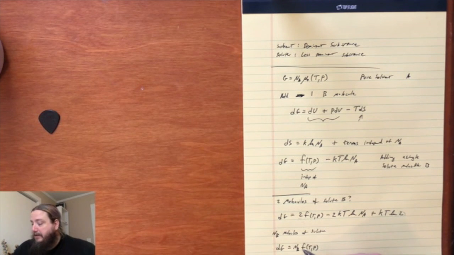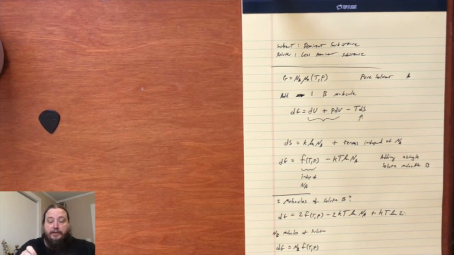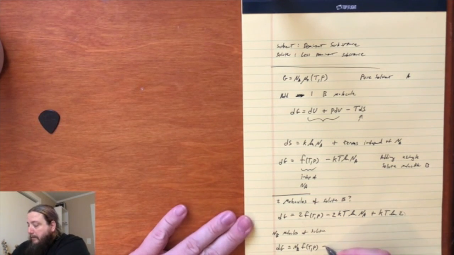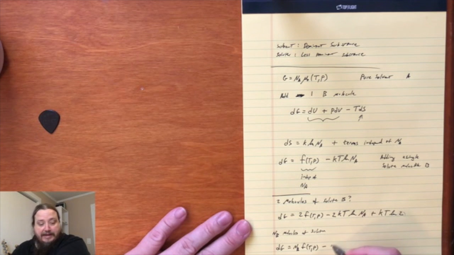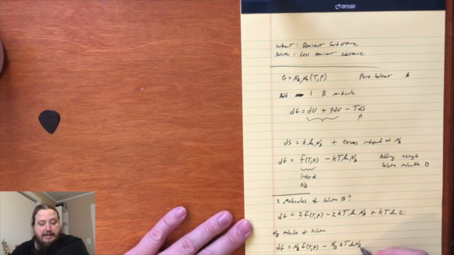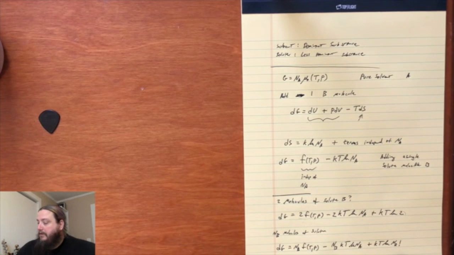Again, this F of T and P here accounts for all of the local interactions between a single solute molecule and its nearby solvent neighbors, minus this NB kT log Na plus kT log NB factorial, where this is an entropy term that corresponds to the number of different ways in our solvent A that we could arrange for NB molecules of solute to be arranged in that solvent.